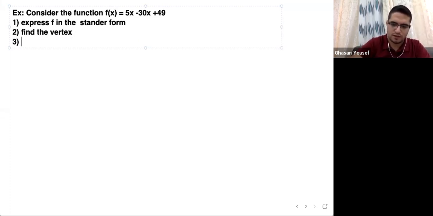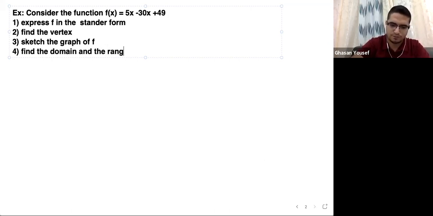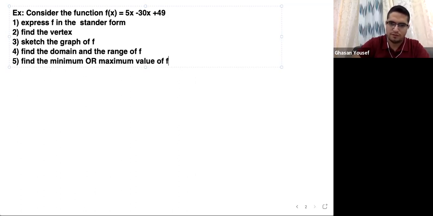Number 3, sketch the graph of the quadratic function f. Number 4, find the domain and the range of f. Number 5, find the minimum value, or maximum value, depending on the function, of the function f.